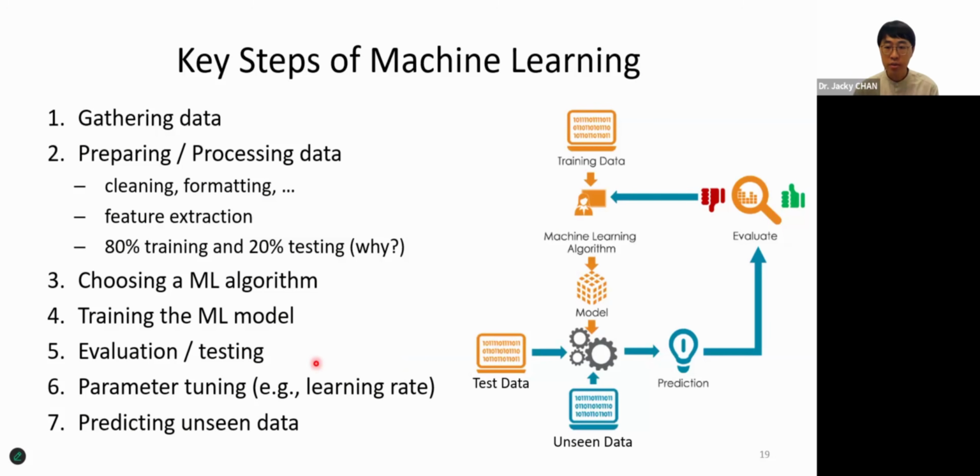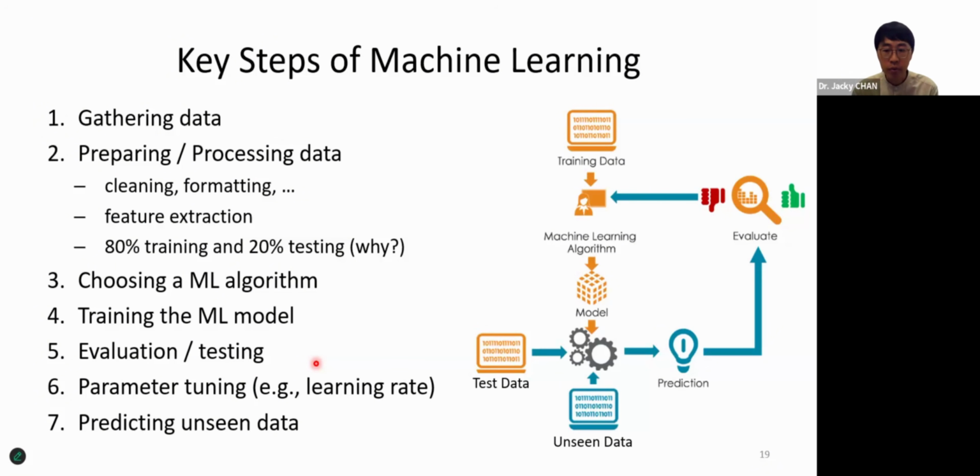One parameter we call the learning rate. It controls whether the model learns slowly or quickly. Sometimes we want the model to go deeper and spend a longer time to train.